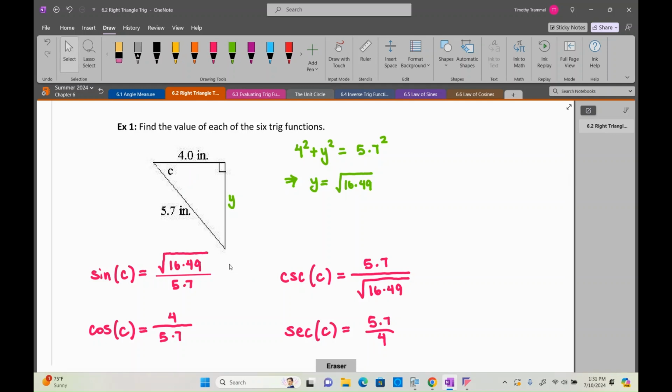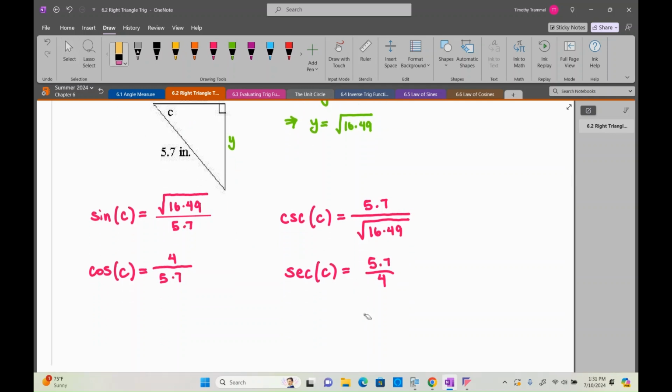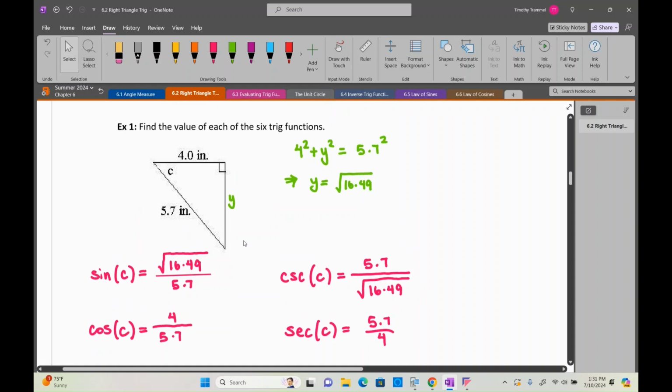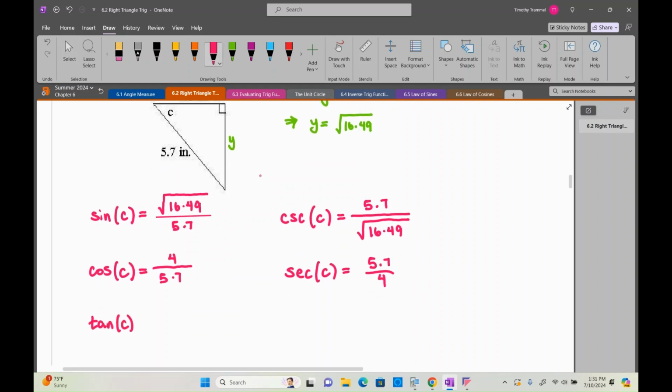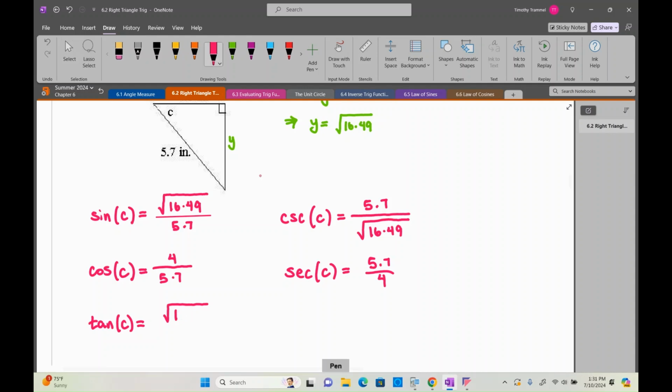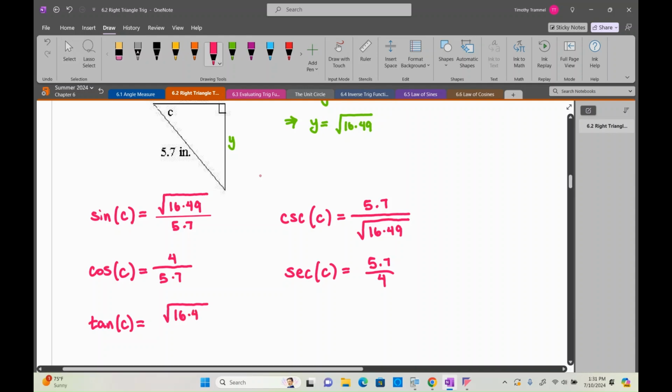And so we just have two more to go. Tangent. We learned that this one was opposite over adjacent. So the opposite side is y. Let me write that just a little bit neater, 16.49.